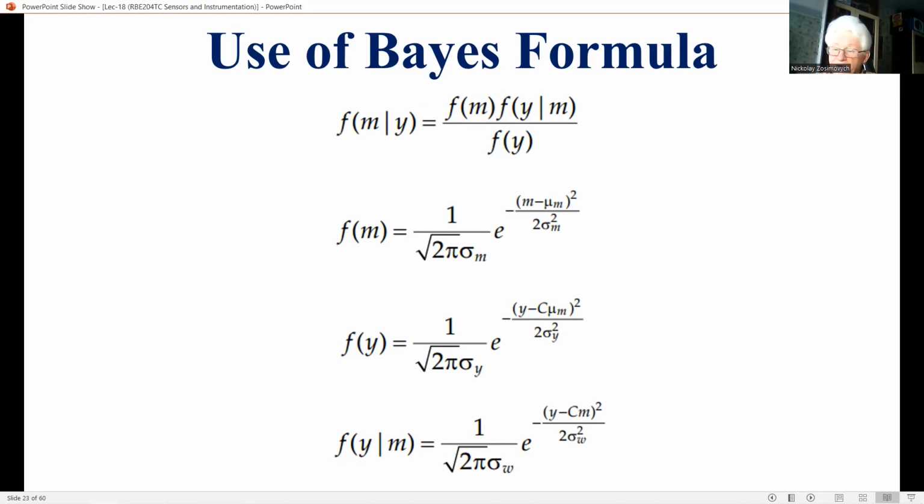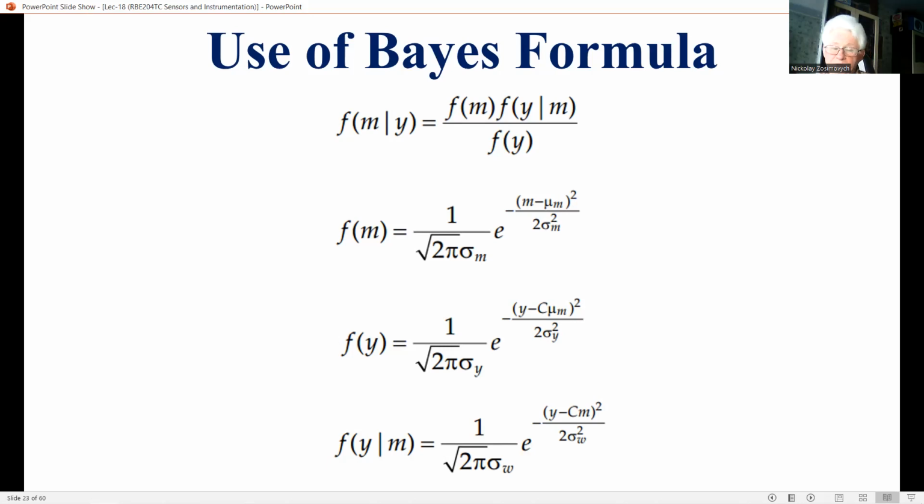As recognized earlier, f of M corresponds to the a priori value of the estimate, and f of M given Y corresponds to the a posteriori value of the estimate.